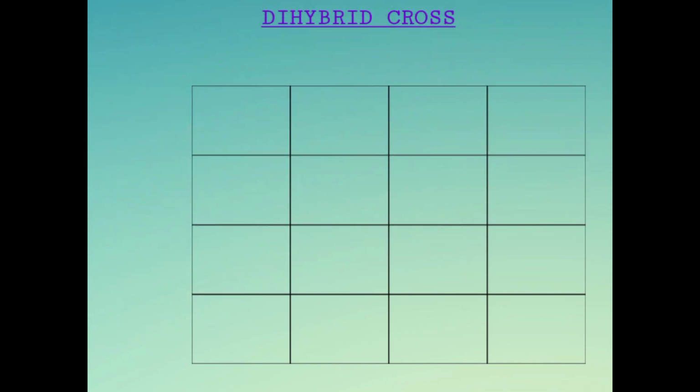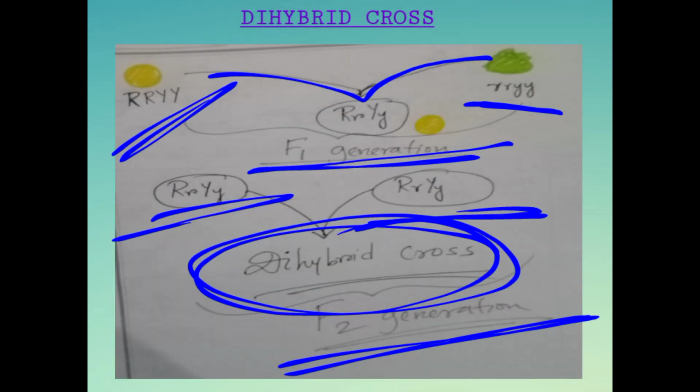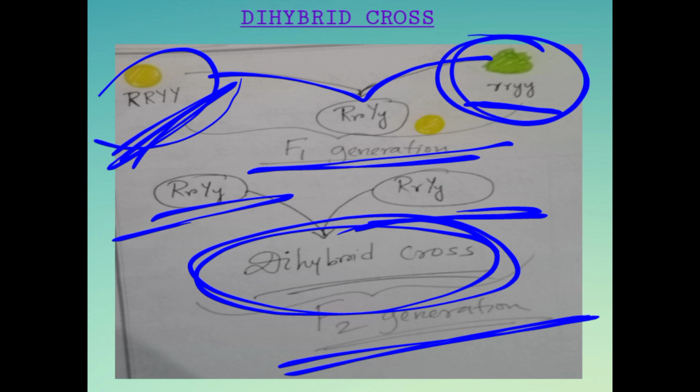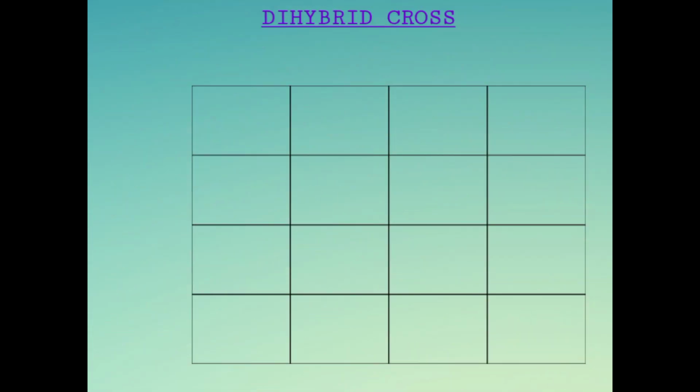As I'm taking that one as the example, capital R, that is the round and yellow, and here we are taking the round and yellow, and here the green and wrinkled one. We'll be writing the same thing here.